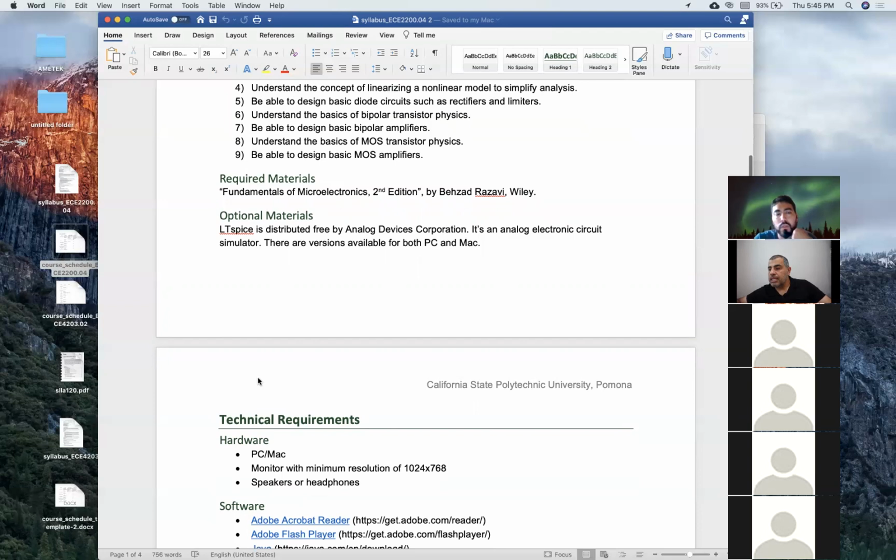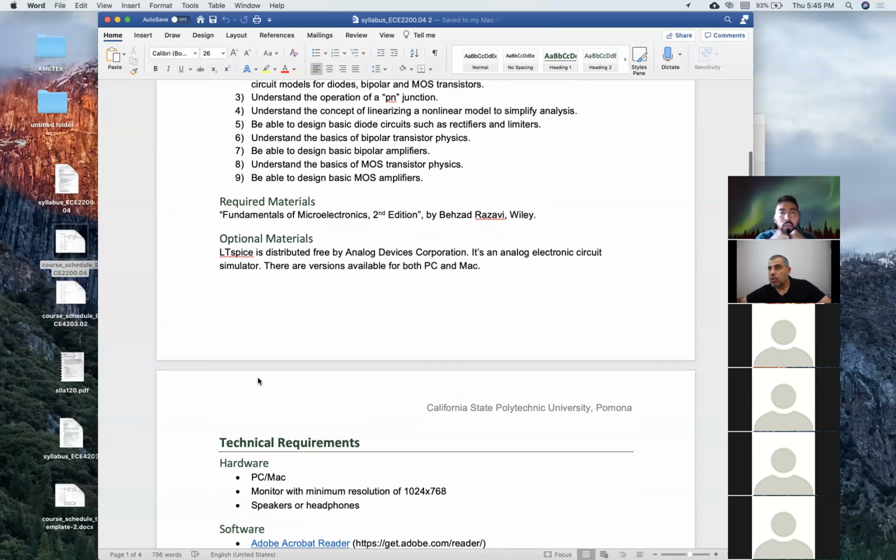But what I didn't emphasize enough in the previous semester was how many examples you guys have to go through to really be successful in this class. You're going to have to solve a lot of problems. A lot has to do with getting these circuit problems and doing the analysis, so you need a lot of practice.